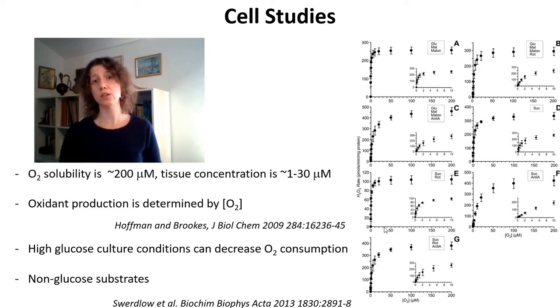There are many cell cultures that actually use less oxidative phosphorylation than the original cell did where it came from. So you can have this decrease of oxygen consumption that's artifactual from the kind of media that we grow our cells in. You can grow cells in non-fermentable substrates, so without glucose, forcing these cells to use more of their mitochondria. And if that's important for you, that's something that you might want to consider.